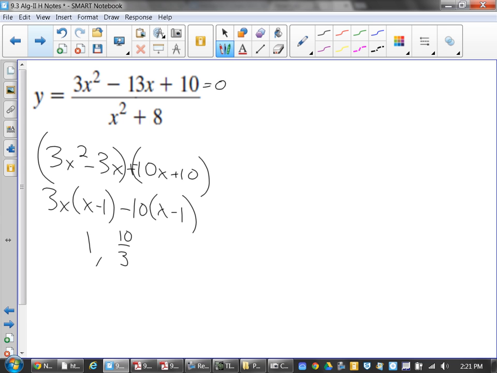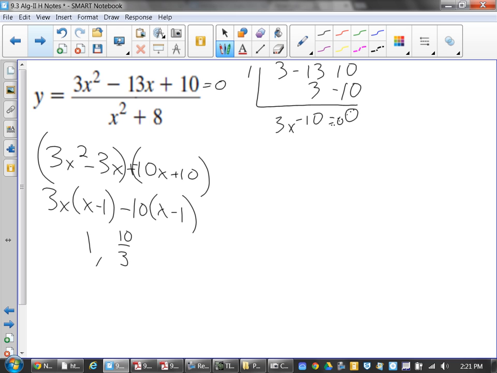Now, could you have done this via synthetic division, find a zero? Yeah, you can do it. Let's say you started at 1 with 3, negative 13, and 10, and you wound up with 3x minus 10 equals 0. Add 10, divide by 3.